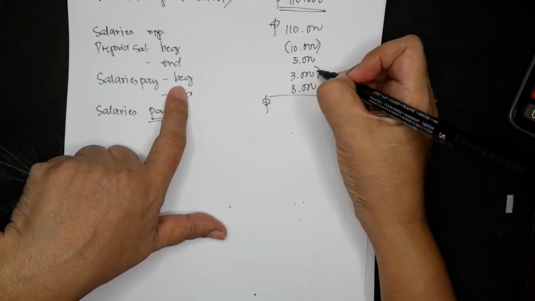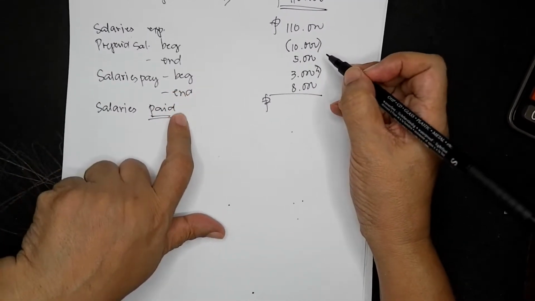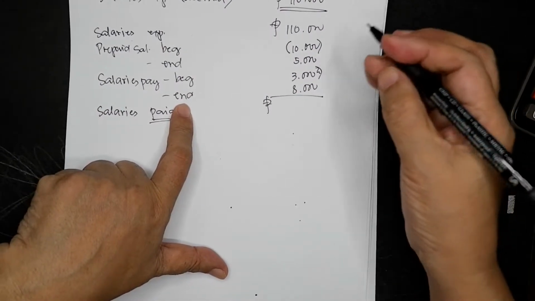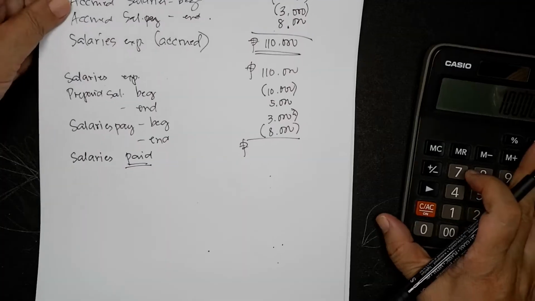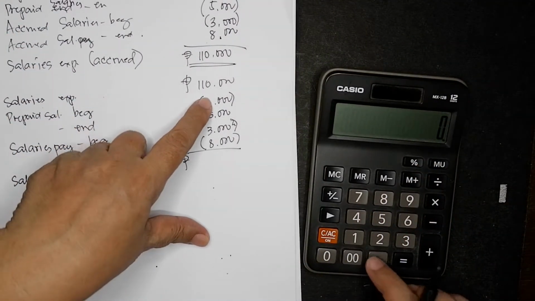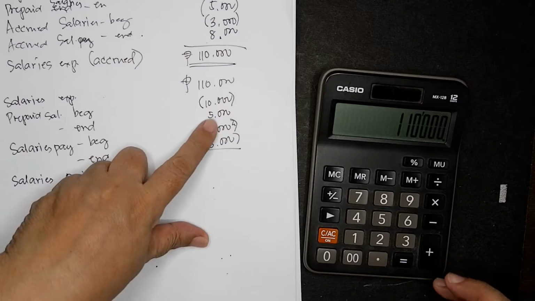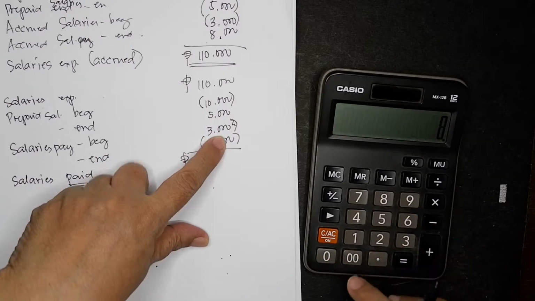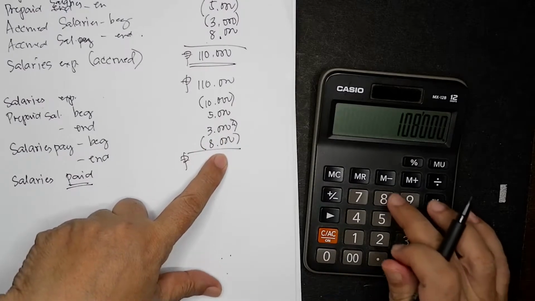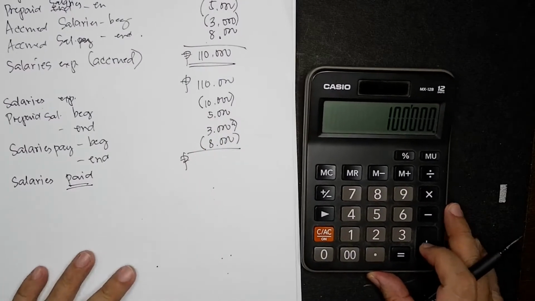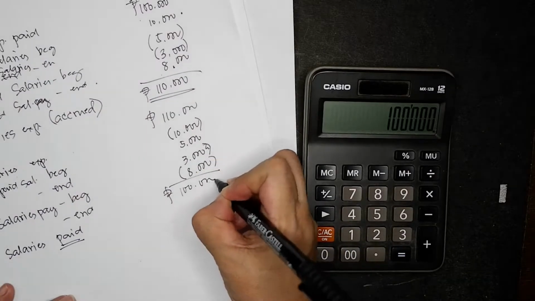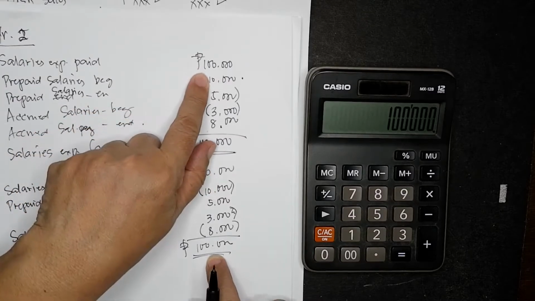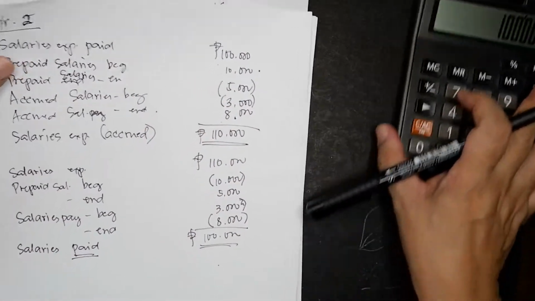Yes. Sorry. So, it is plus. And then, we have salaries payable end. Binayaran ba yan? Hindi. Okay. I-add natin. So, that is 110 minus 10,000 plus 5,000 minus 3,000 plus 8,000. Hindi, so that is 100,000. Okay. So, salaries paid, 100,000. Ayun, 100,000. Salaries paid.